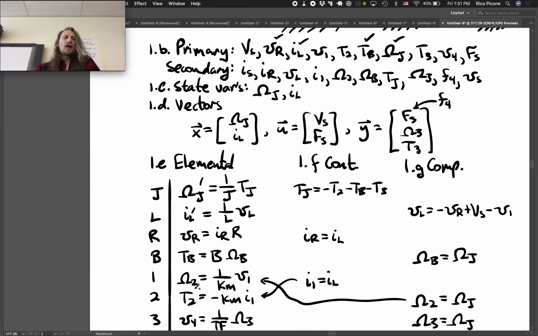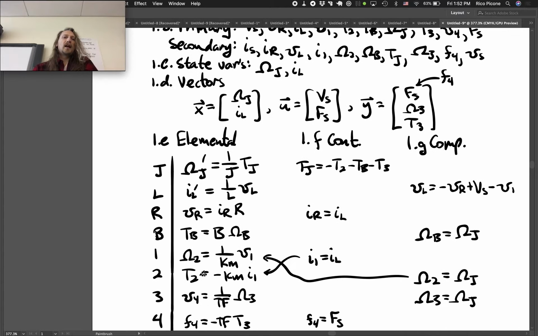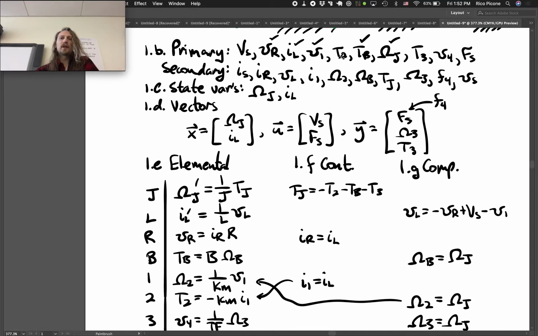For 1, omega 2 shows up on the left-hand side. So we look up here and we see that omega 2 is a secondary variable. And we should instead have V1 on the left-hand side, which is a primary variable. So we should solve this for V1 equals Km omega 2. And for this equation, T2 is a primary variable, so it's okay.